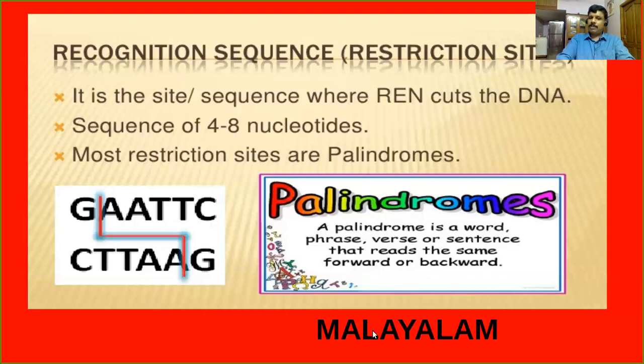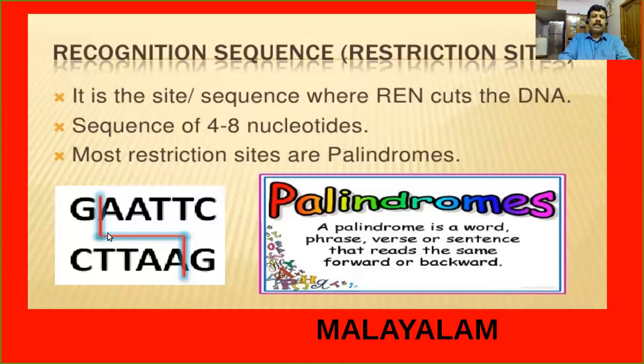Look, the most important word, Malayalam, is a palindromic word. If we read from left to right or from right to left, we can read it the same way. Such words are collectively called palindromic words. Likewise, all recognition sequences are palindromes.